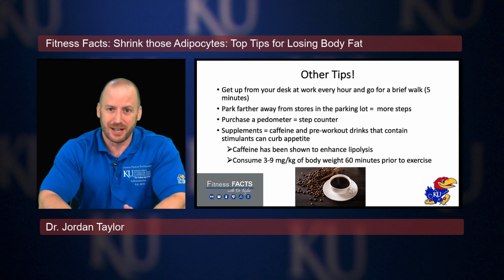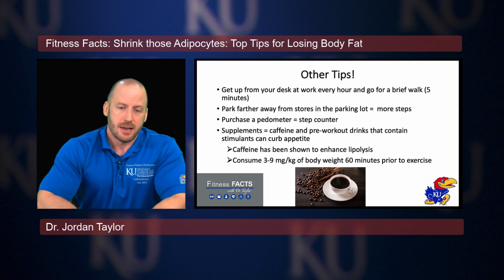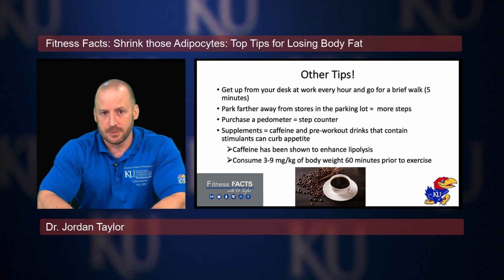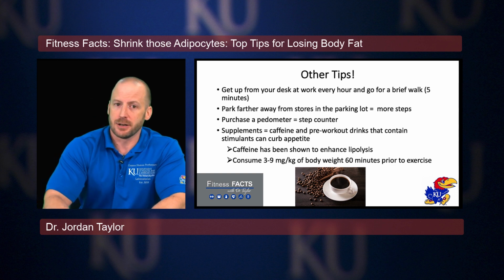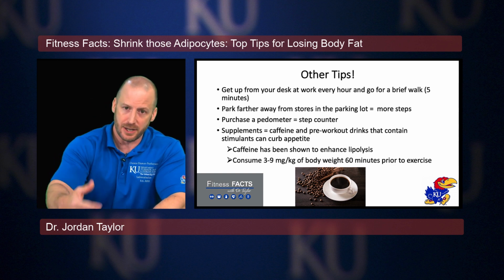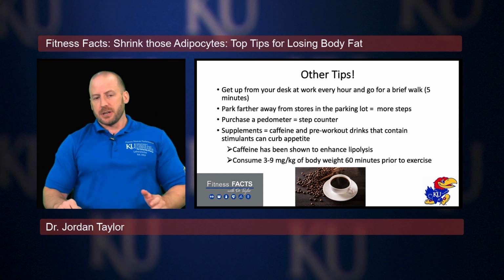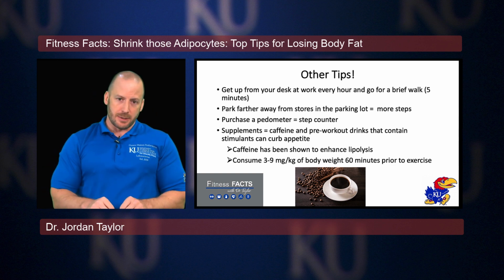We want to lose fat so those fat cells shrink. And it's shown that typically you want to consume 3 to 9 milligrams of caffeine per kilogram of body weight 60 minutes prior to exercise to get that lipolysis effect, right? So to figure that, remember that 1 kilogram is equal to 2.2 pounds.